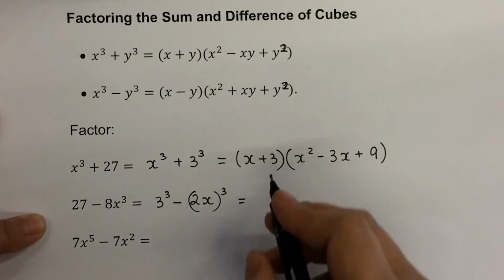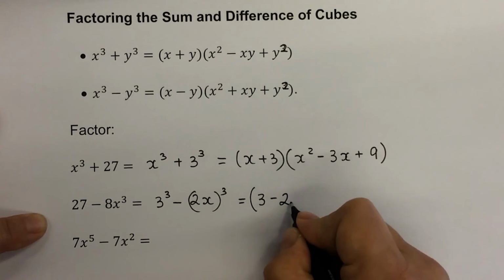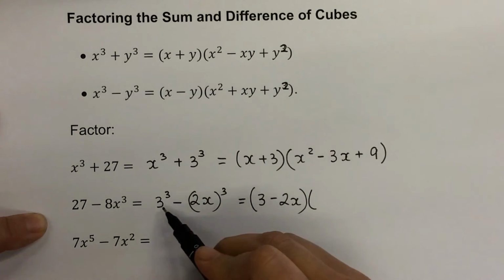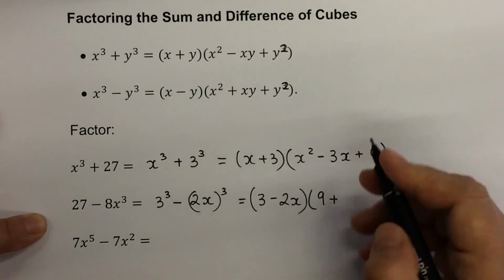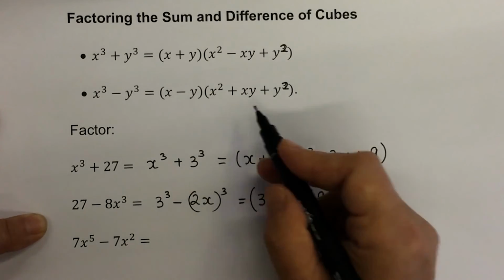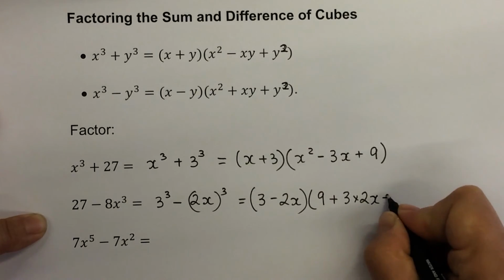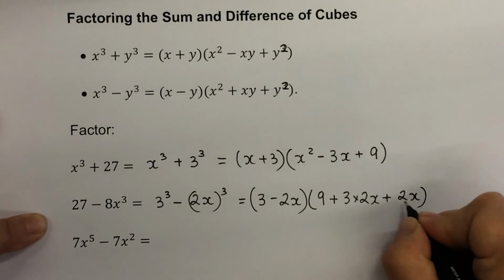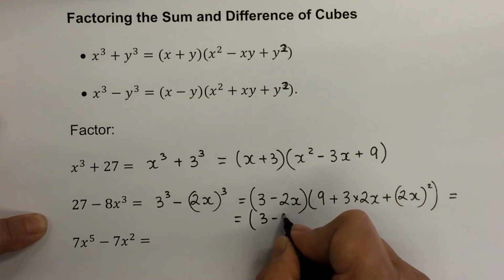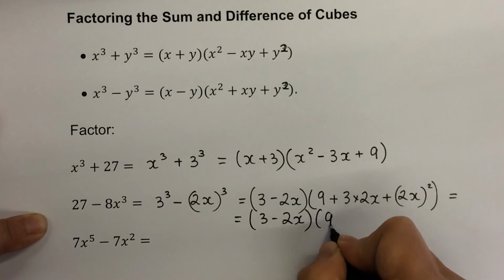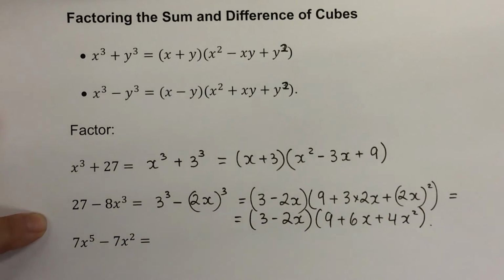Applying the second formula, that says difference of the terms times first term squared, which is 9, plus, I won't finalize it now, product of the terms, which would be 3 times 2x, plus second term squared, and finally we'll have 3 minus 2x on 9 plus 6x plus 4x squared.